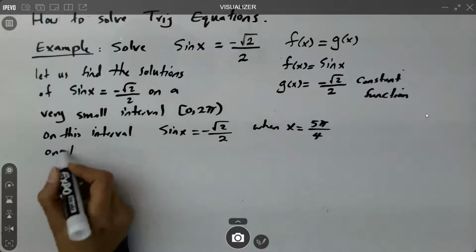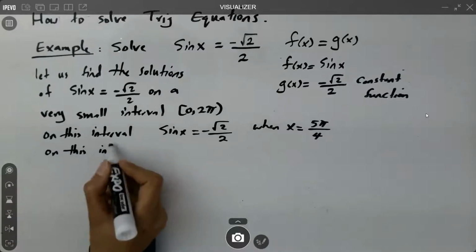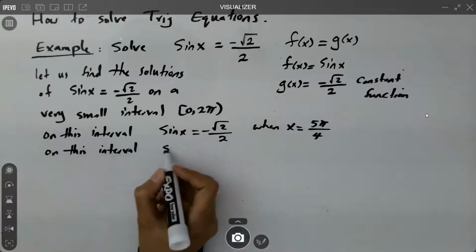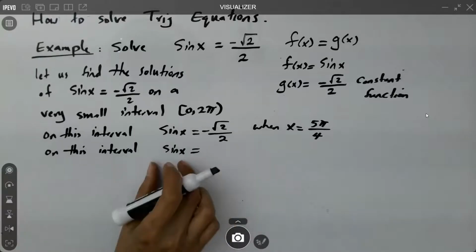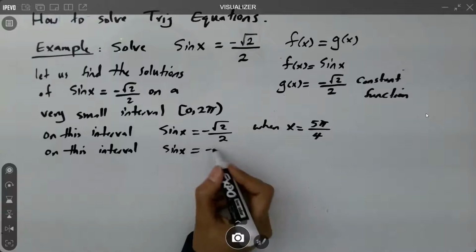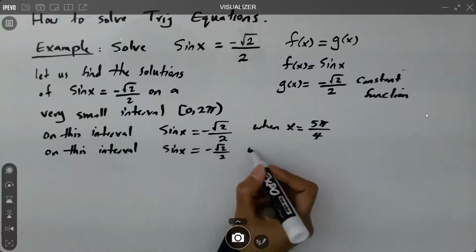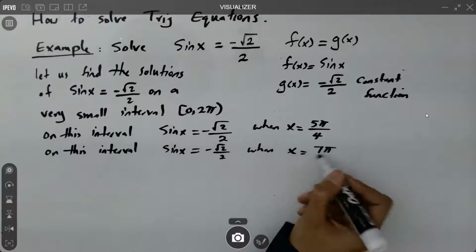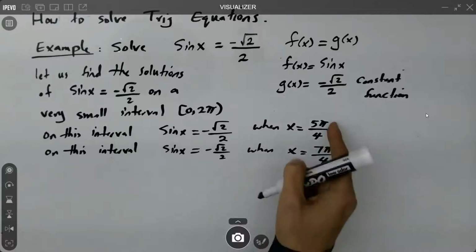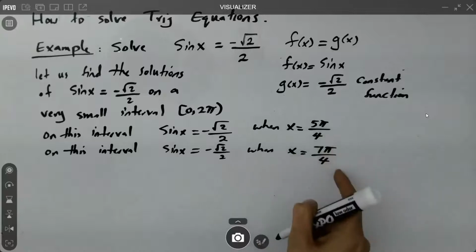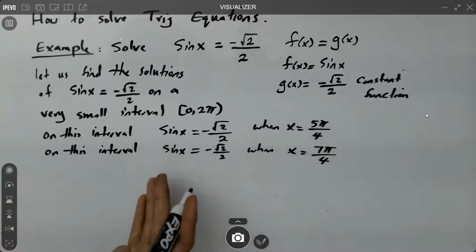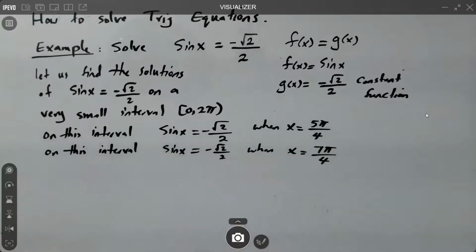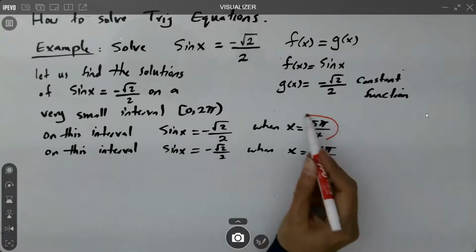On the same interval, the y value of sine is negative square root of 2 divided by 2 when x is equal to 7 pi over 4. Two basic values. Then we know that the sine function is a periodic function. So we're going to just add 2k pi to each one of these.